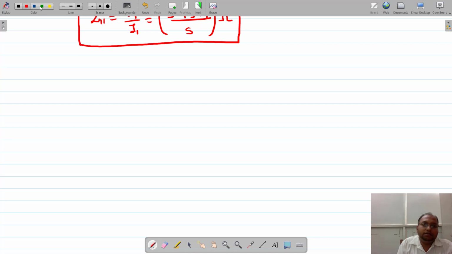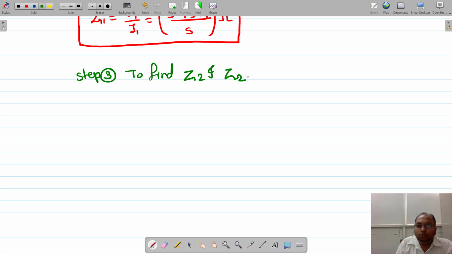Now let's go to finding out the other two parameters. Step number 3, to find Z12 and Z22, set I1 equal to 0. Now this impedance S plus 1 divided by S will not be in the picture.